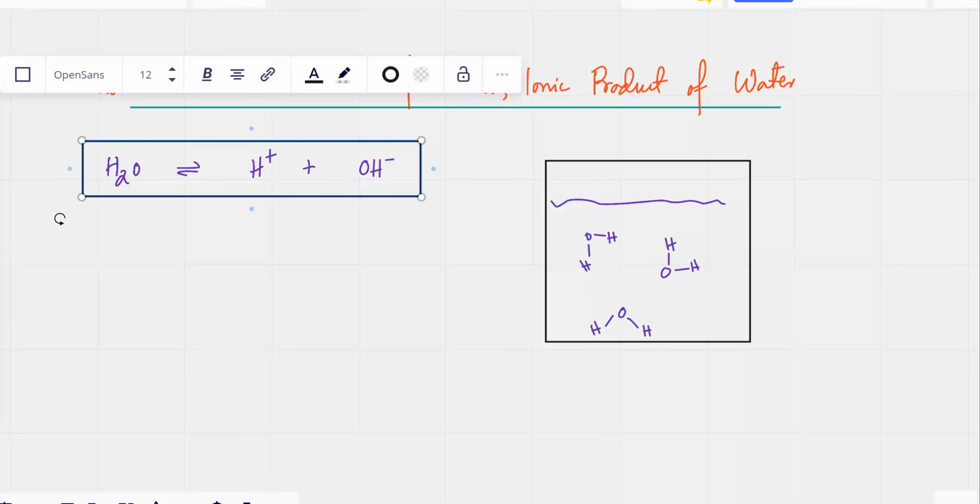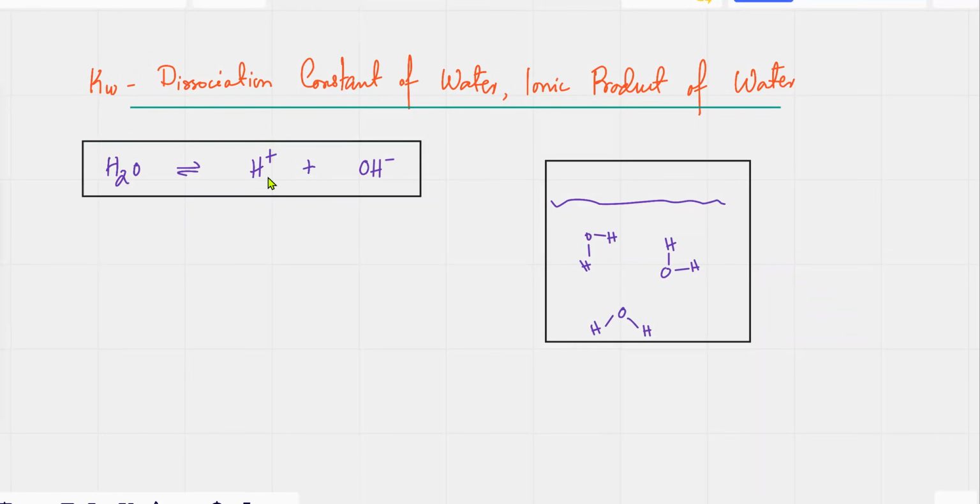We'll be using this equation, but the thing with this equation is that it's overly simplified. The actual equation is this one. Two water molecules are going to bump into each other. If you see the diagram over here, these two water molecules are going to collide with each other.